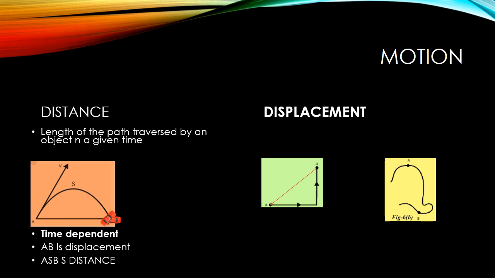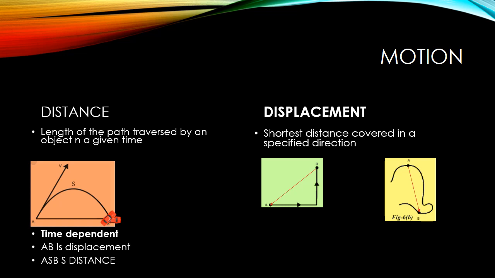If you draw a line connecting B to A with an arrow, then that line represents the displacement. Or here also, if you draw a line connecting A to B with an arrow, that indicates the displacement. So what is it?